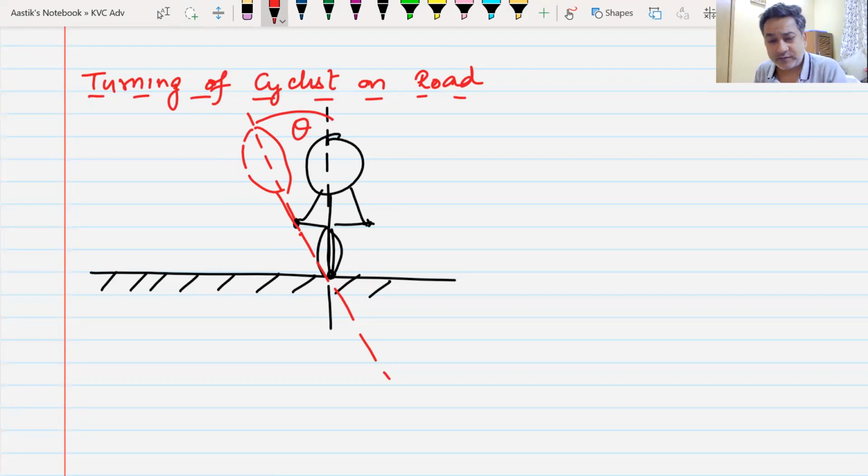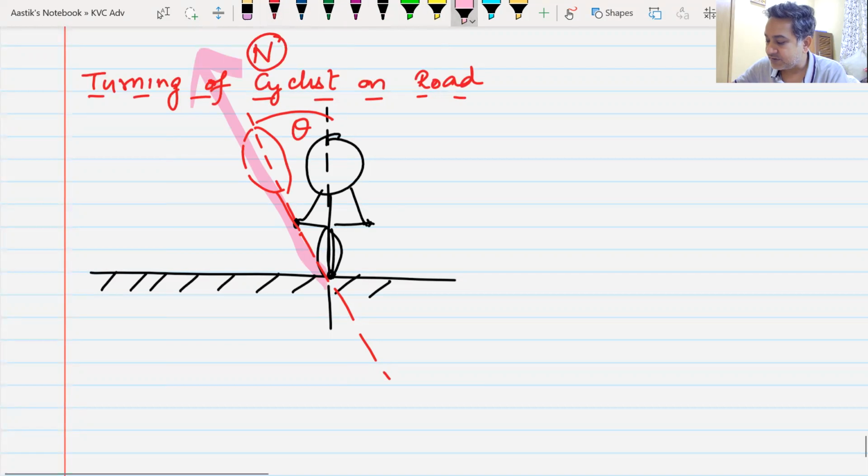Now, what happens when he banks his bike like this? His normal reaction becomes like this. Yes or no? Normal reaction N becomes like this.